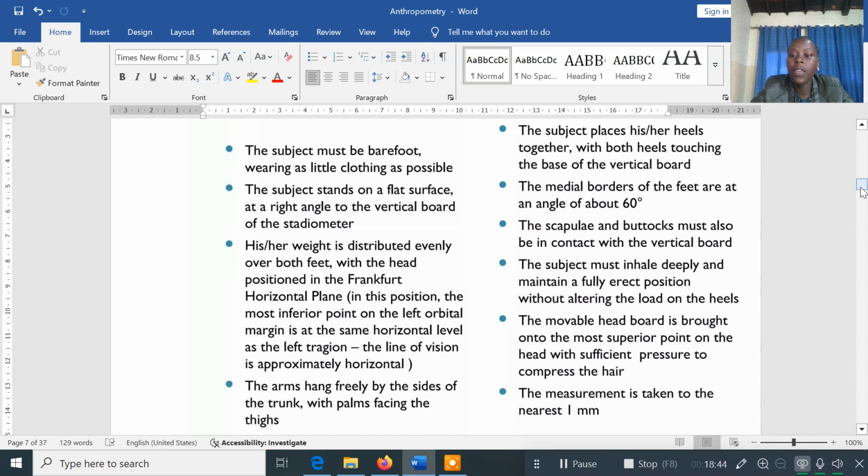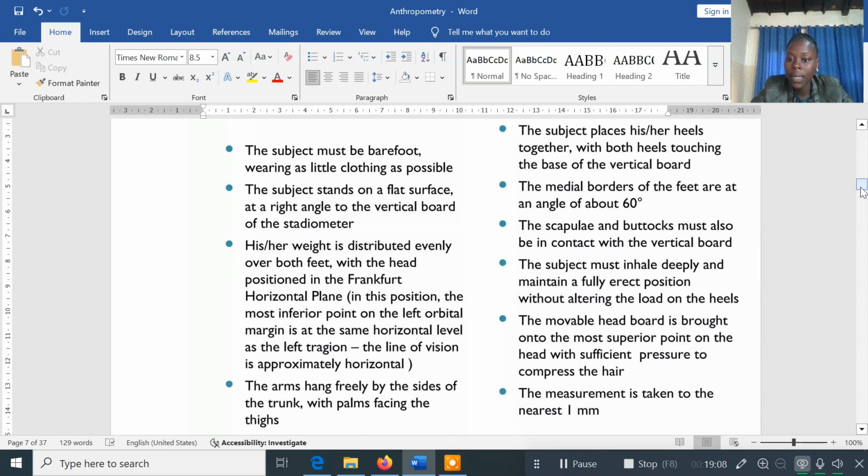Then the movable headboard is brought onto the most superior point of the head with sufficient pressure to compress the hair. So if you're using a stadiometer, it has that movable headboard or a ruler. If at all you're using the wall ruler, you're supposed to be having an extra ruler. It is what you will use.